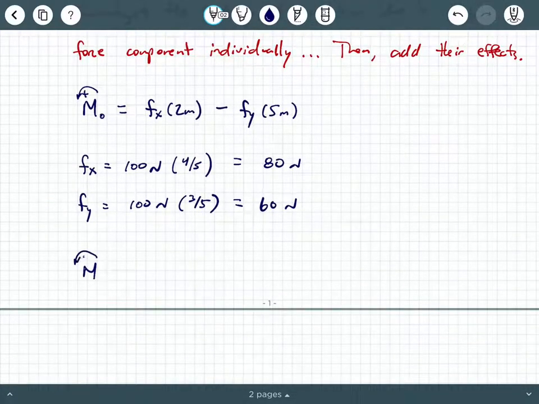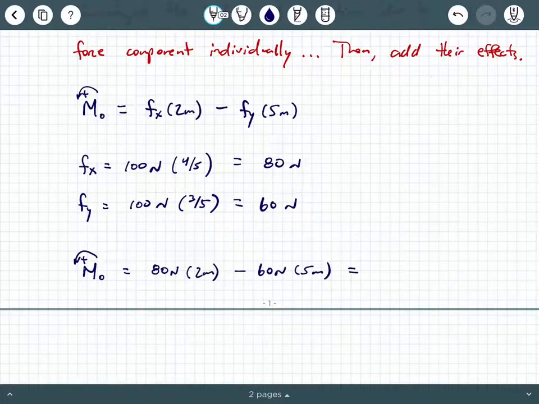So substituting these values in, we're going to have the moment about point O is 80 newtons times 2 meters minus 60 newtons times 5 meters. And punching this in your calculator, maybe you could even do this in your head, you should get negative 140 Newton meters, okay?